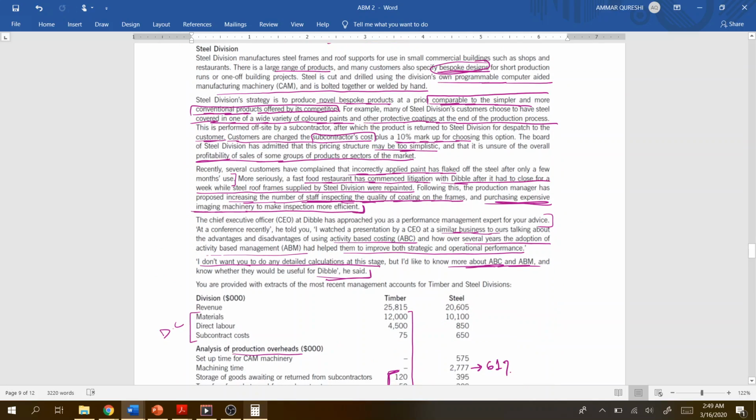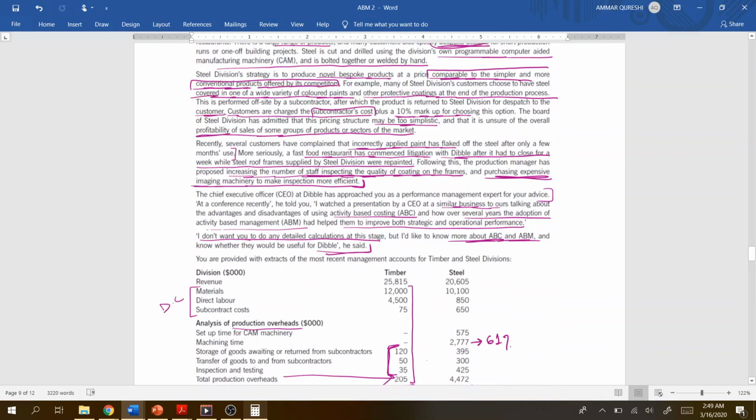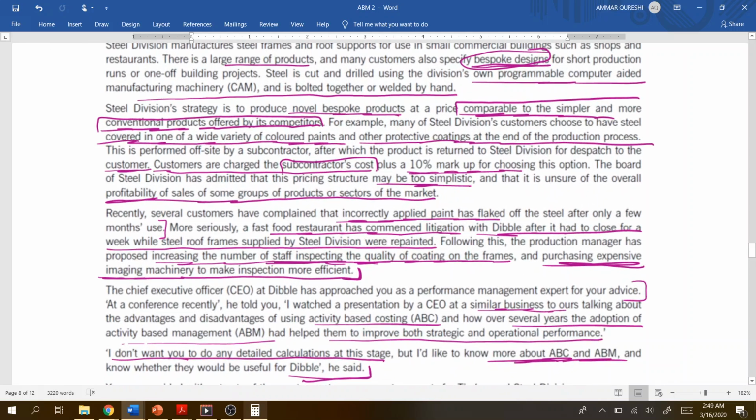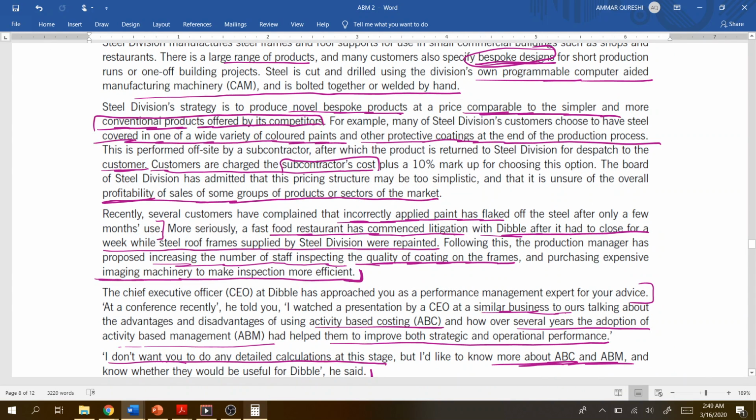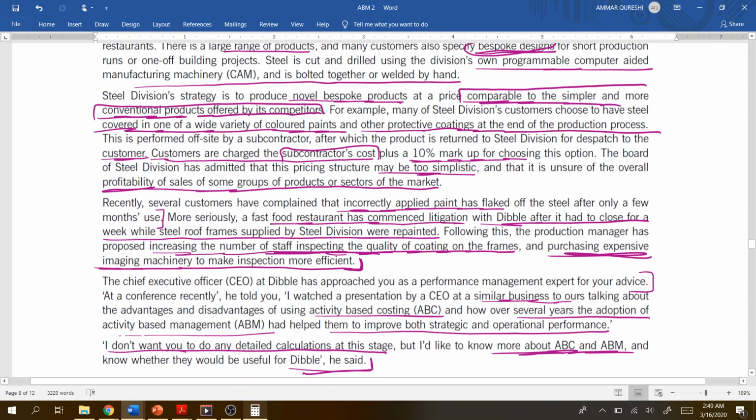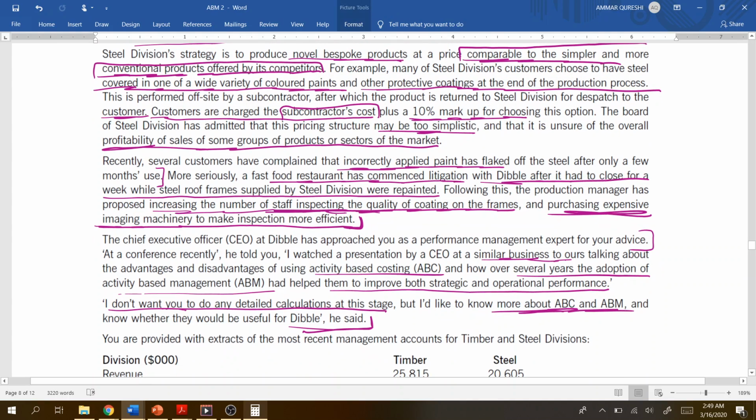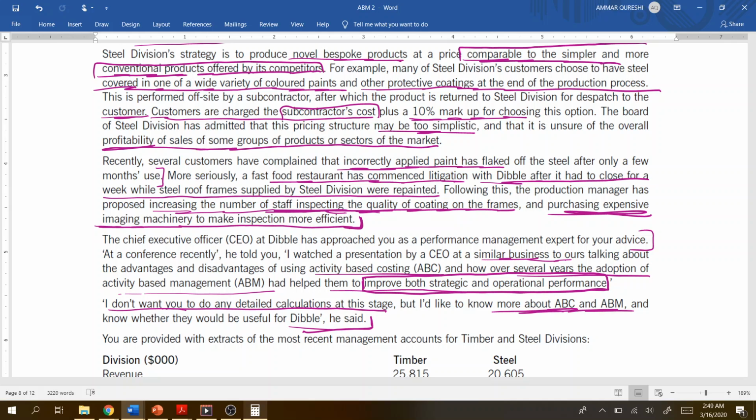Now let's see if there's anything specific related to this question. The question asks you to guide the company to improve both the strategic and operational performance. At operational level, we are concerned with activity levels, and for strategic level, we are more concerned about products and customers.